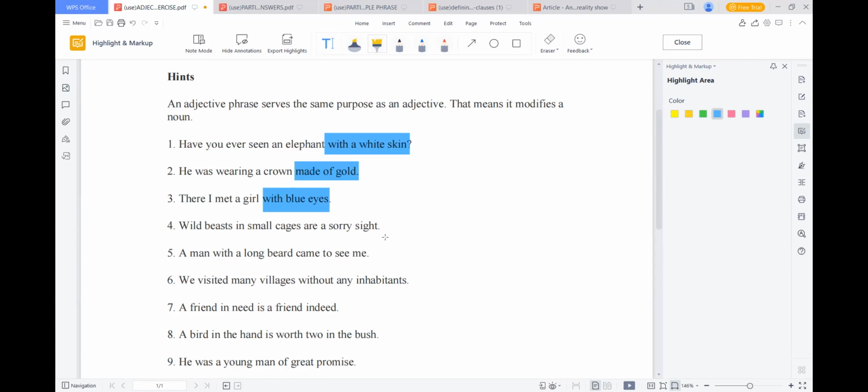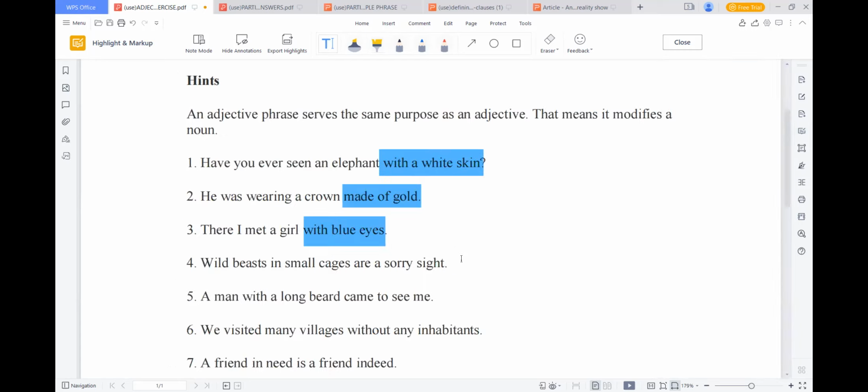That means they are pitiful. A sorry sight means pitiful, 就是很可怜，很惨的意思. Because they are all in small cages. So wild beasts are those 野生的动物. Tell me which one describes the wild beasts.